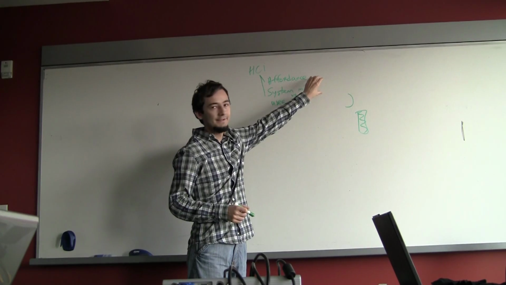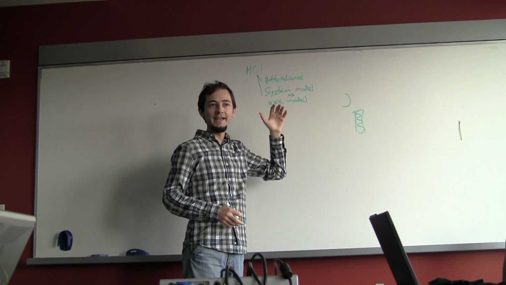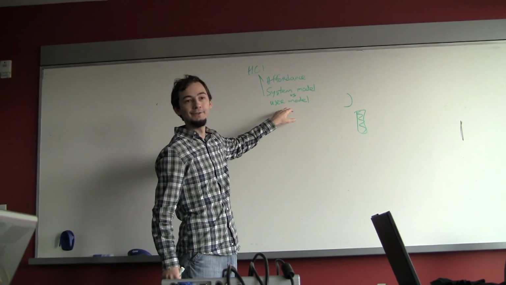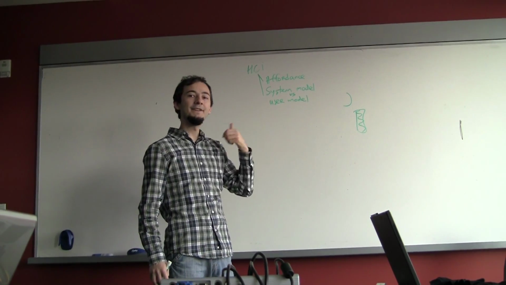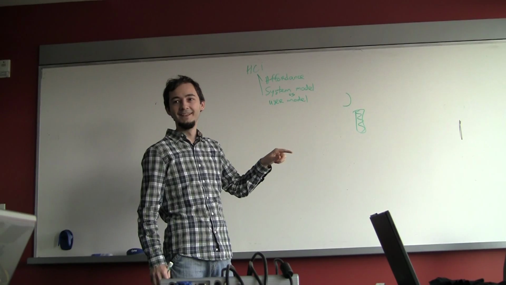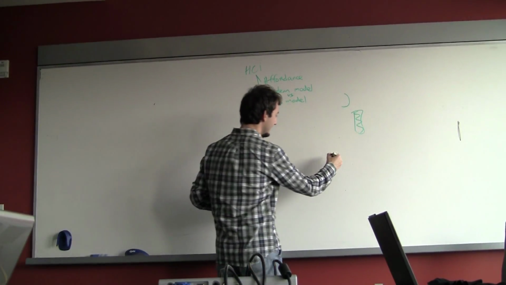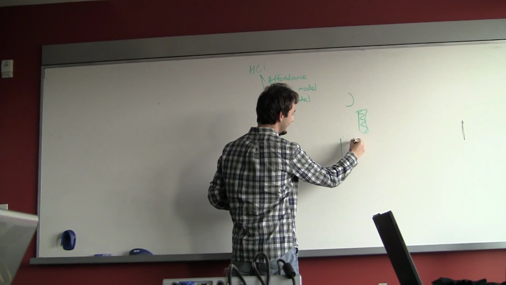So that's a system model. It is what really happens and how the system really works. A user model, in contrast, is what a person thinks about what happens when they do this or that. So in other words, let us draw.